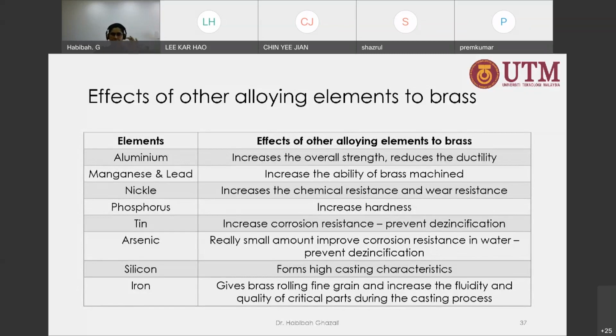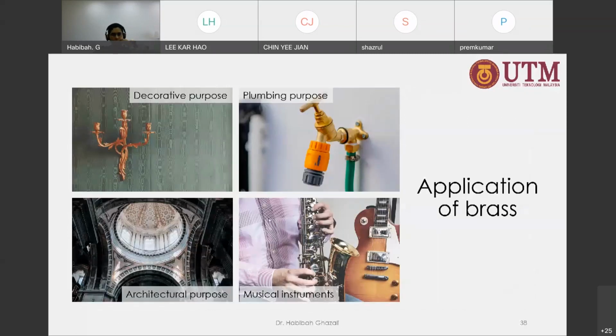So if we add nickel into brass, it will improve those properties. You can read through the effect of the alloying elements to see the difference between them. These are some of the applications that use copper.